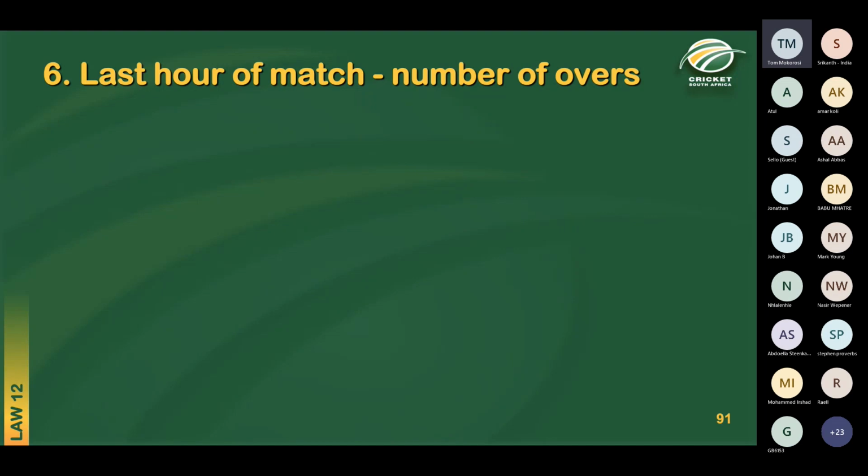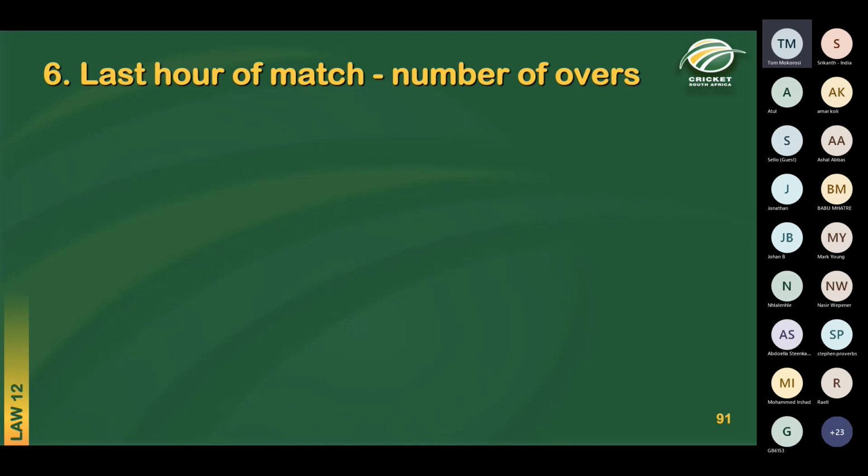The only addition that Test match cricket has to the laws of cricket is the fact that there are, in the playing conditions for Test match cricket, 90 overs to be bowled per day. So what that equates to, if we have 6 hours of play in a day, is an average over rate of 15 overs to the hour.